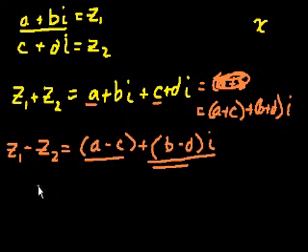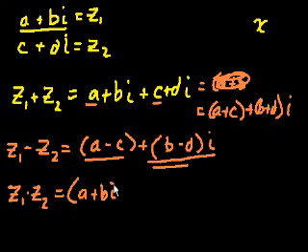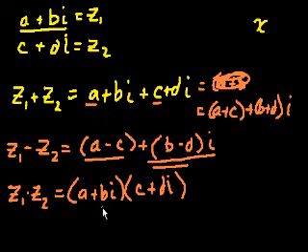What happens when I multiply the two numbers? So what is z1 times z2? Well, that equals a plus bi times c plus di. We essentially can just FOIL it out. I don't know if you learned FOIL in 8th grade algebra or 9th grade algebra. I don't like it. I actually just think of it as the distributive property twice.